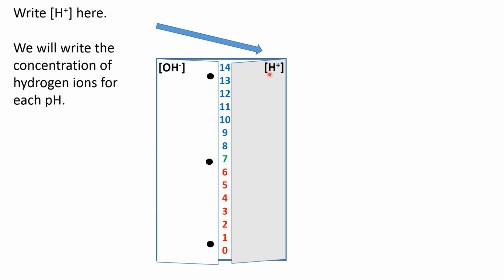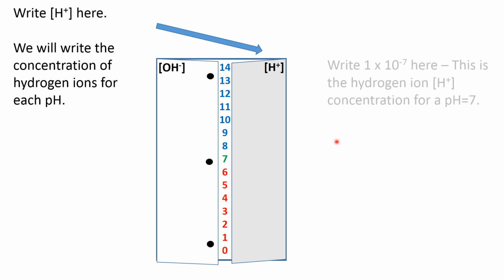So when I have H plus inside, I'm saying the concentration of hydrogen ion. And over here, I have the hydroxide ion, so I would read this as the concentration of hydroxide ion. We're going to fill in some numbers now.